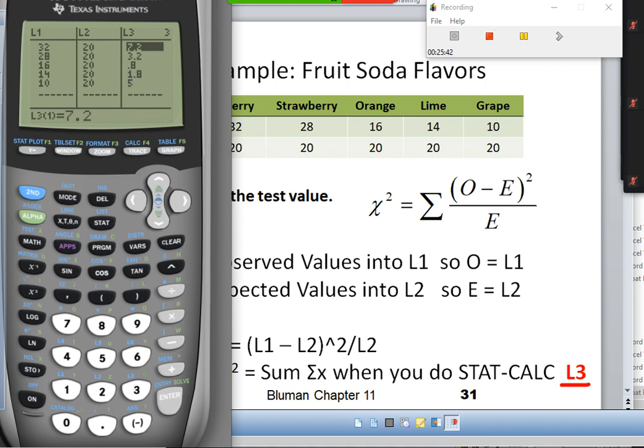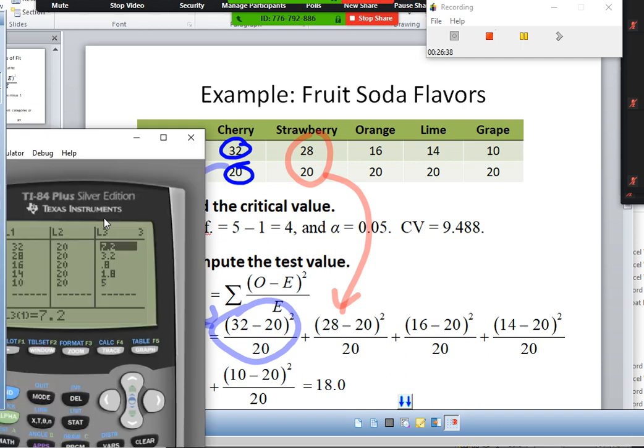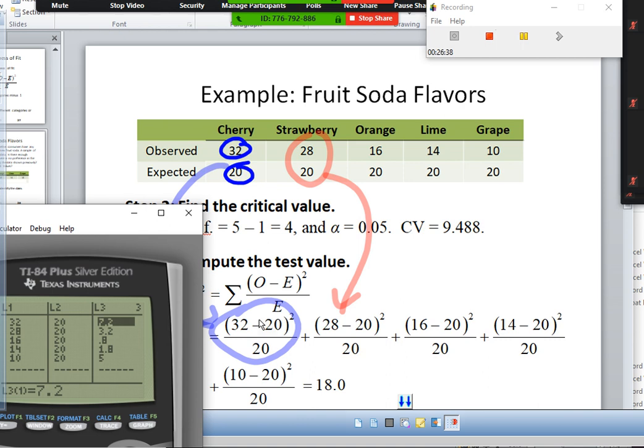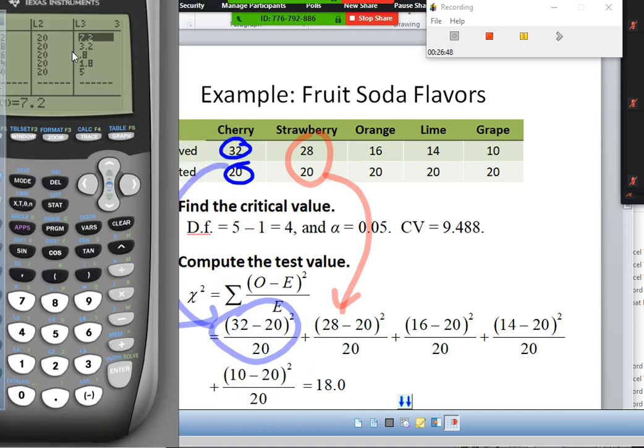So if I look at this calculator, these are all those numbers. That first one is 7.2, this is 3.2, this is 0.8, this is 1.8, and this is 5. And then I need to add them all up, right? So I need to sum list 3.